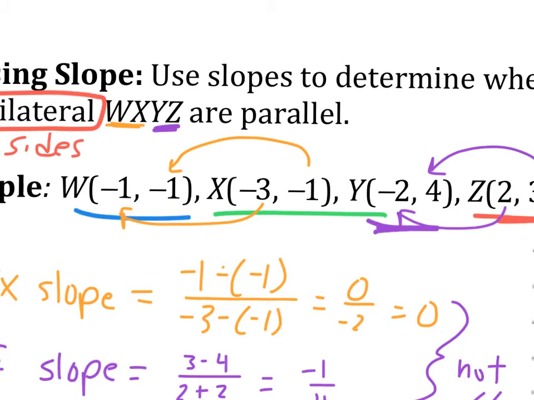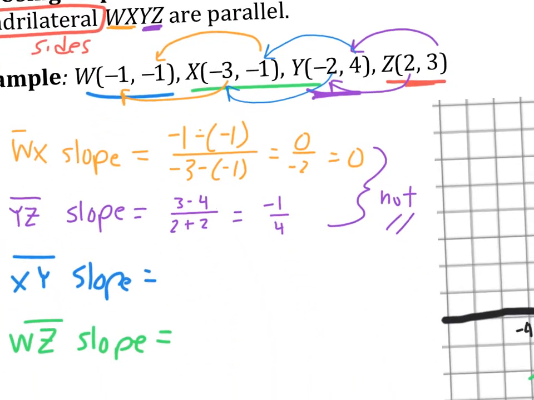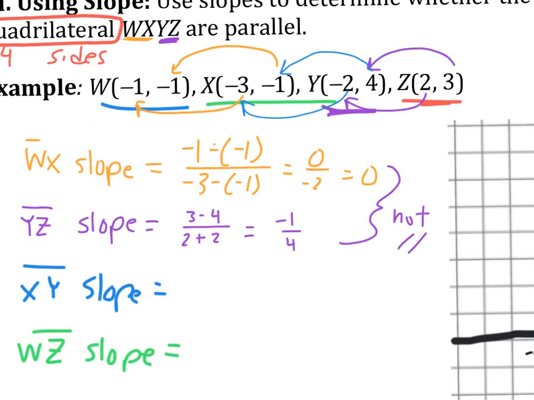So I have to go from this 4 to the -1 and this -2 to the -3. So 4 minus a -1, so that's 4 plus 1. And then the -2 to the -3, so -2 plus 3. So that's 5 over 1.